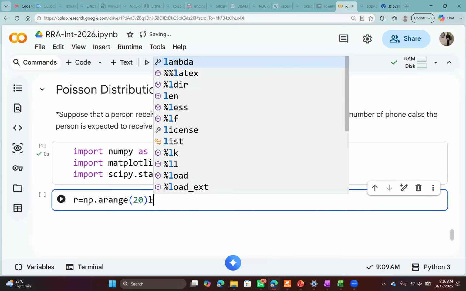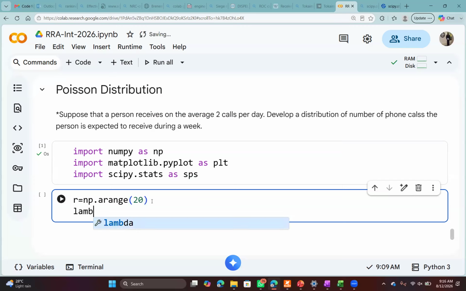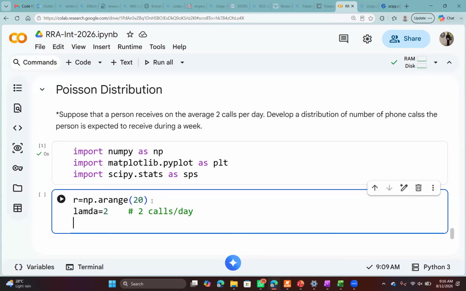Actually, let's first write that one. The lambda value, since lambda is reserved, so I have used LAMDA, lambda. So 2 calls per day. So this is the number 2 for 2 calls per day. So now the time interval, T is a week, which means 7 days.